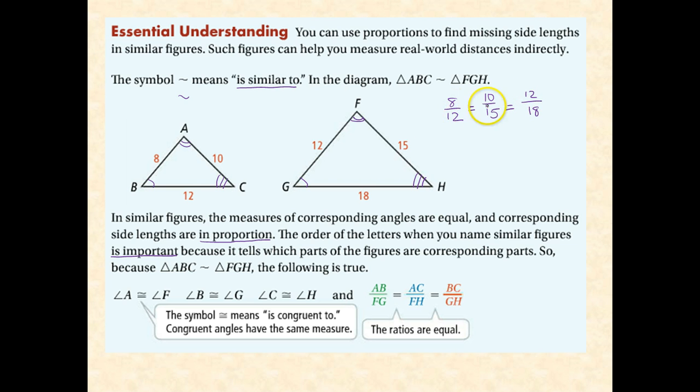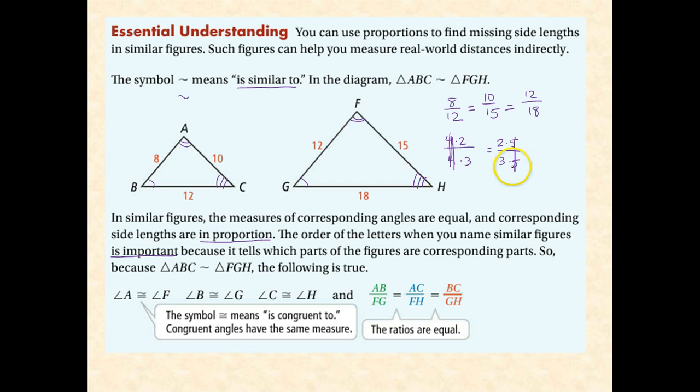Well, let's simplify each one of these fractions and find out. Let's see, 8 is 4 times 2, and 12 is 4 times 3. The 4's cancel out, and that's 2/3. 10 is 2 times 5, 15 is 3 times 5.